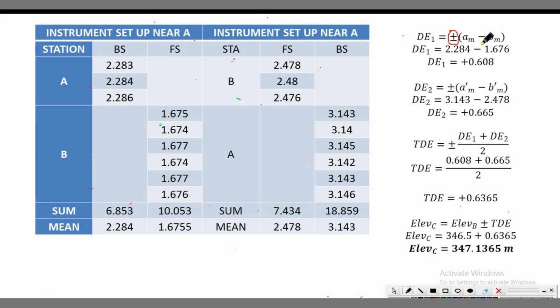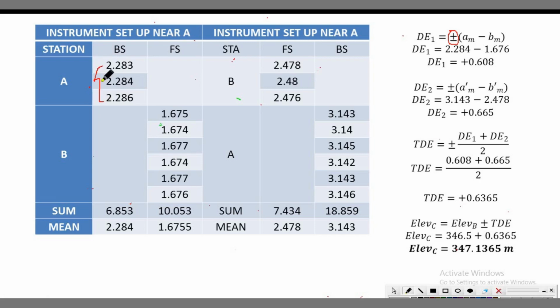So, ang ating AM, now in your notes, AM, that is the mean of the 3 consecutive rod readings on BM1. Itong small letter AM na to, yan yung pinakaunang reading na nakuha ninyo. Di ba itong tatlong backsight na to?